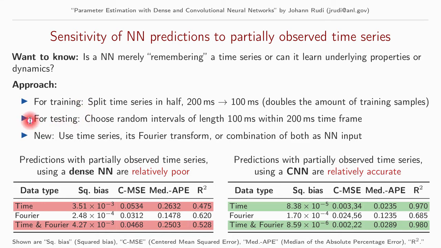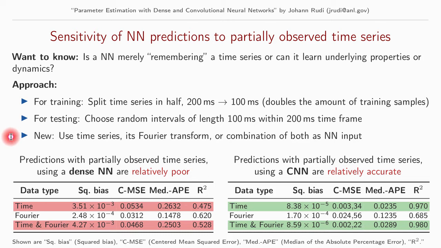So we were hoping that this can tell us if the network can understand something more fundamental in the signal than just mere remembering it and then giving predictions just based on that.